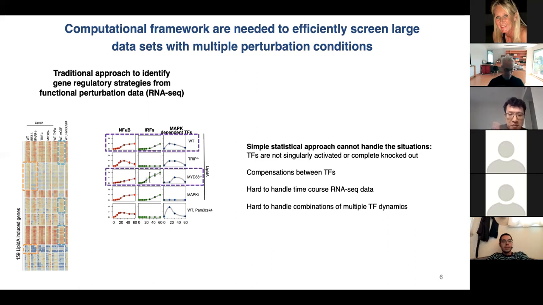However, this simple approach sometimes cannot handle situations where TFs are not singularly activated or completely knocked down with different ligand stimulation. Say in wild type multiple transcription factors are activated, and in the knockout none of them is fully diminished.